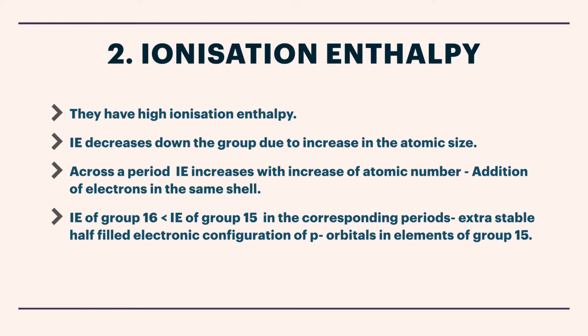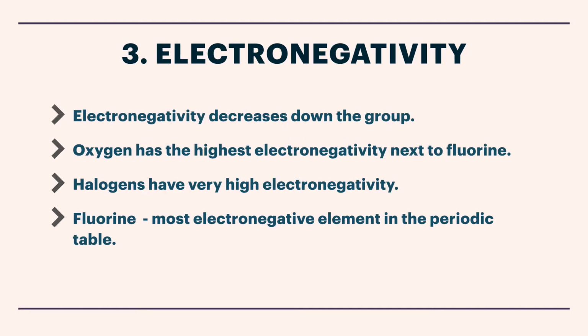Next property is electronegativity. First we'll understand about electronegativity. It is the measure of the tendency of an atom to attract a bonding pair of electrons, or I can say it is the ability of the atom to attract the shared pair of electrons towards itself.